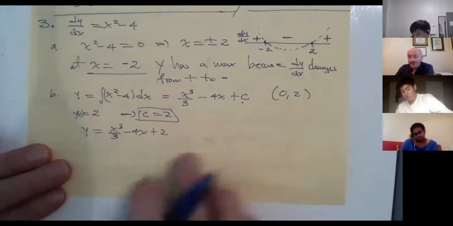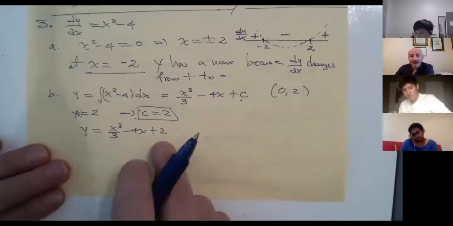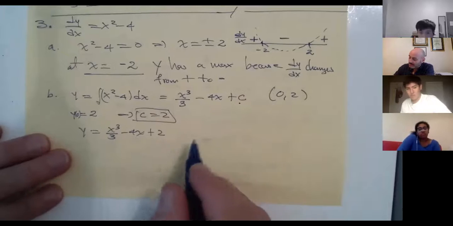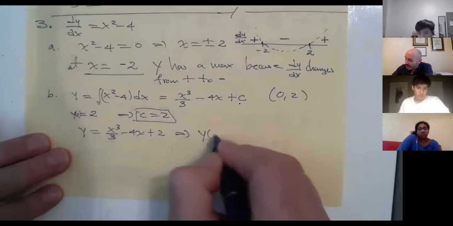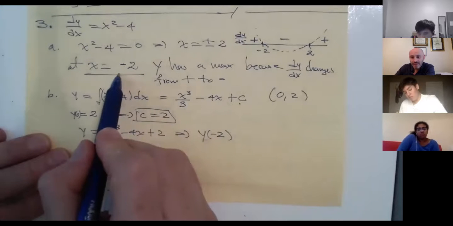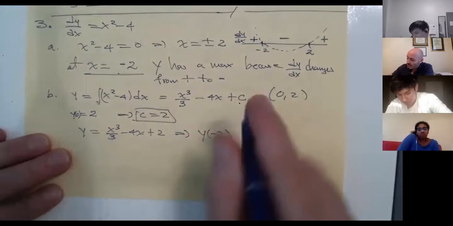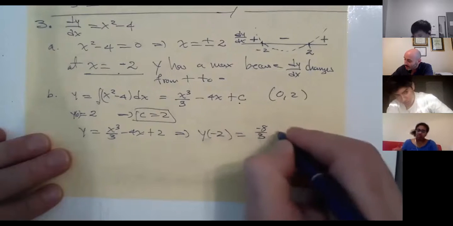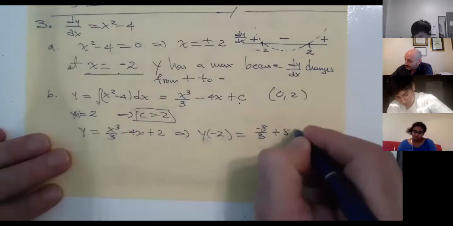The question asks, find the y coordinate of the maximum, right? So I need to plug in -2, because at -2 is where the maximum is. If I plug in -2, I get -8 over 3 plus 8 plus 2.